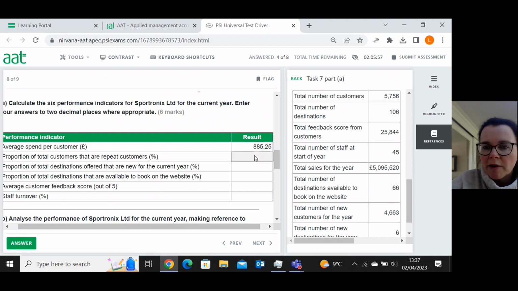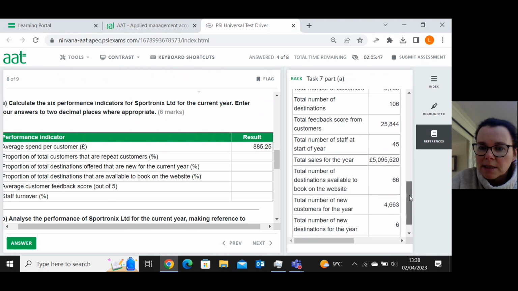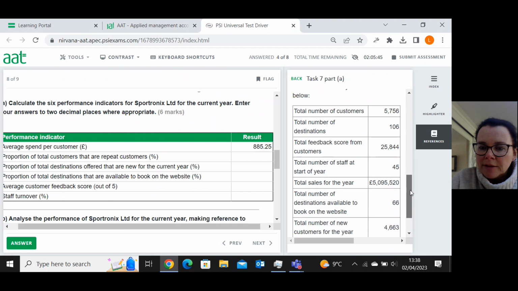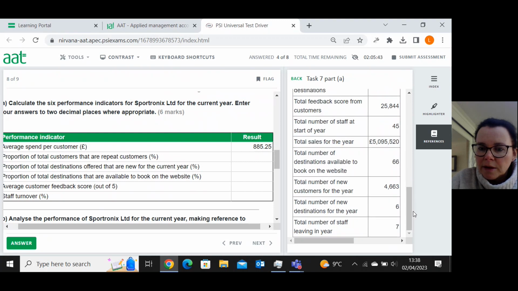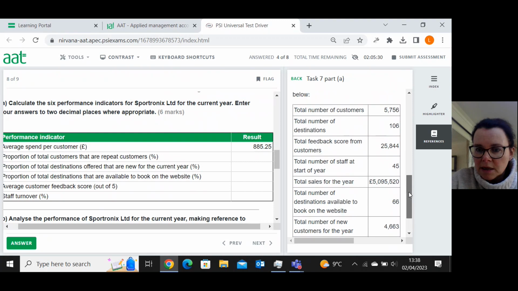Proportion of customers who are repeat customers. To do that, I need repeat customers. So what have I got? I've got new customers, 4663, the total number of new customers.